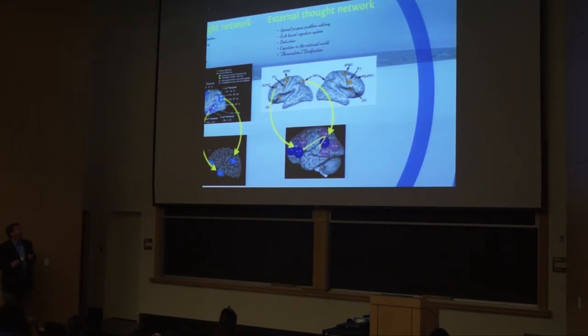This is special purpose problem solving, rule-based, deductive reasoning. It's very fast and very efficient, but very limited in its applicability. If you think about deductive reasoning, A plus B equals C, it's a very specific rule for a very specific situation. It works very well, but it works in that situation alone.